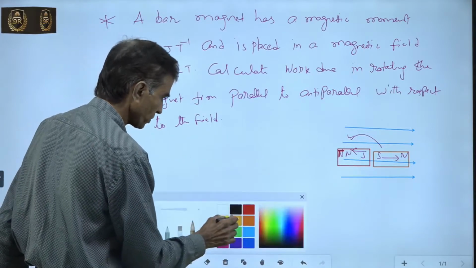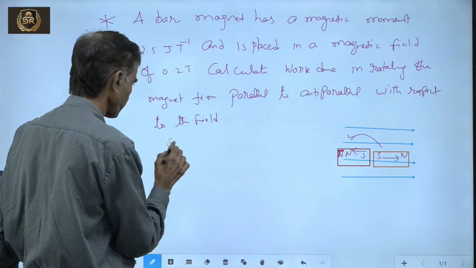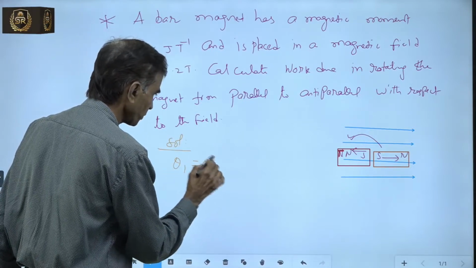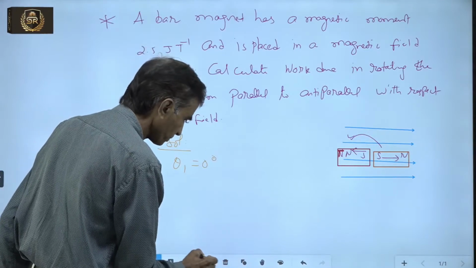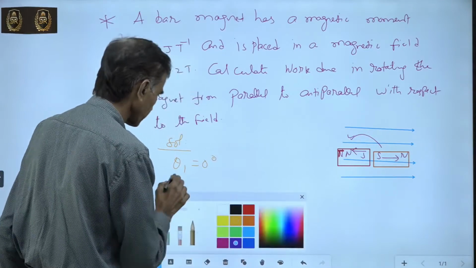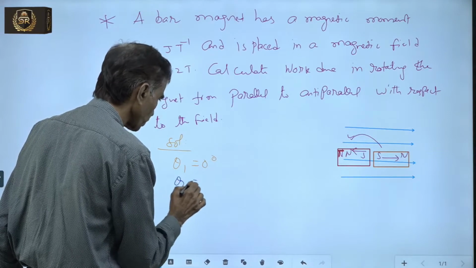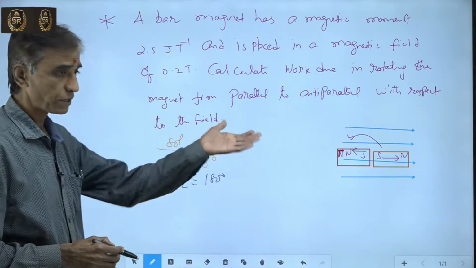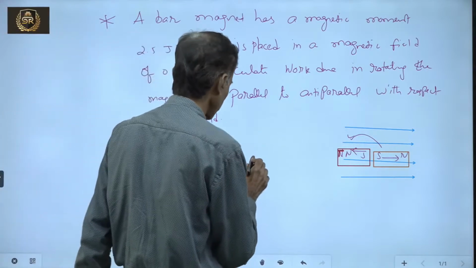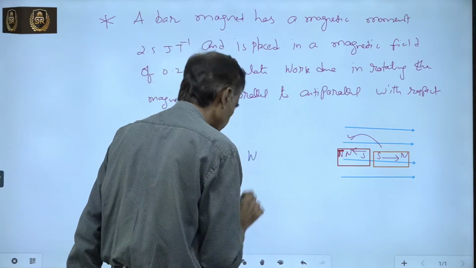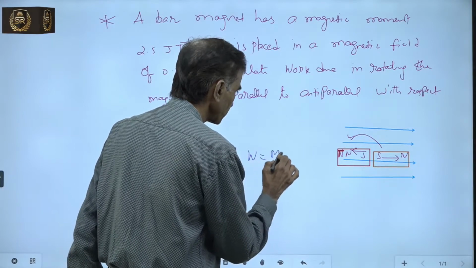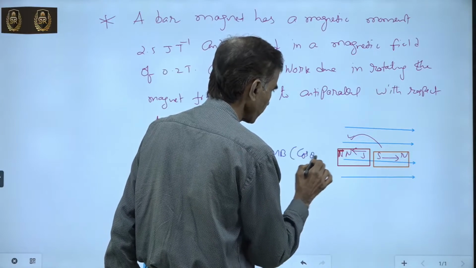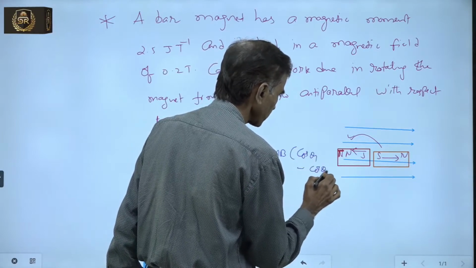Solution: theta 1 is 0, and theta 2 is 180 degrees. So substituting in our formula, W equals MB into cos theta 1 minus cos theta 2.